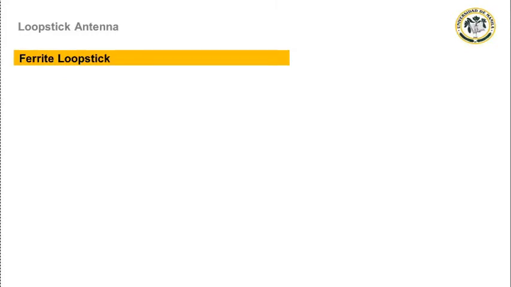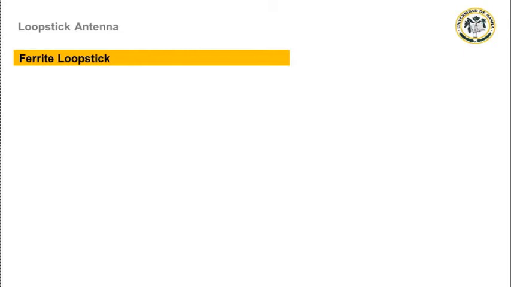Ferrite loopstick. Loopstick antennas are omnidirectional around their axis and are prime examples of small loop antennas. They are the magnetic analog of the short dipole antenna.